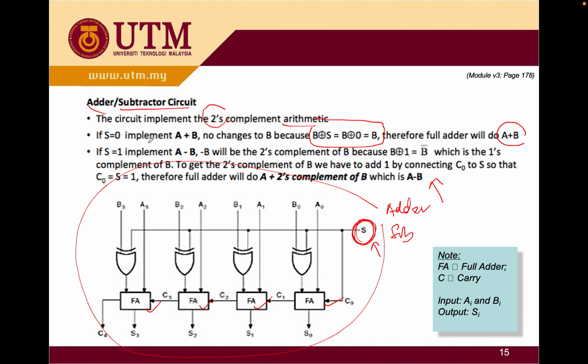If S here is 0, then this circuit will be read as an adder. And when S is equal to 1, it's going to act as a subtractor. If you go through here one by one, then you can understand.